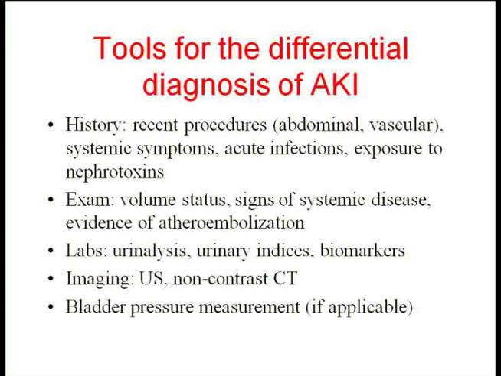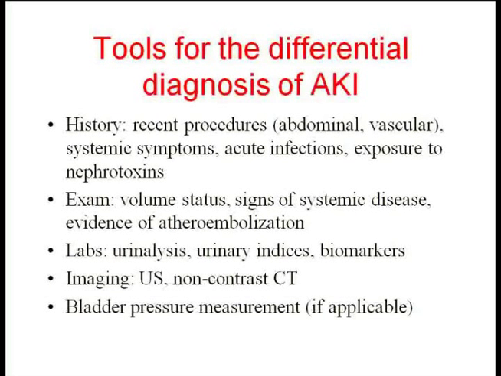So what are the tools that we use for the differential diagnosis of acute kidney injury? We obviously have to look at some historical and physical examination issues. Certainly in the history, the presence of recent invasive procedures, primarily looking for atheroembolic renal disease, and for the use of nephrotoxins. This is typically what happens when patients are in the hospital. And in the examination, by far, the most important issues are related to the patient's volume status, either on the low side or on the high side, both being associated with impaired renal perfusion.